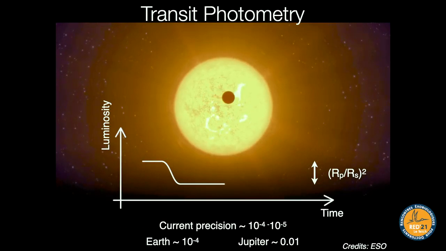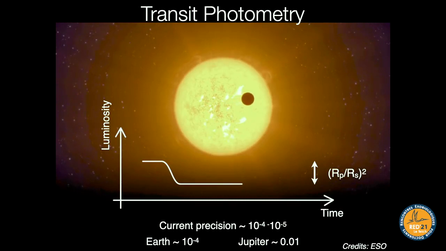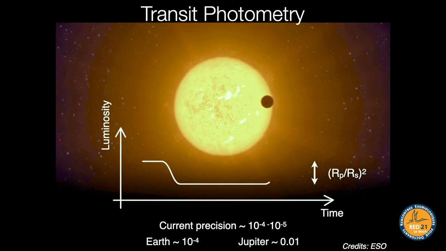And what is interesting is that this drop in luminosity will inform us on something else. Because, as I told you, radial velocity depends on the mass of the planet and its distance. So if we get the radial velocity, we can get the mass of the planet, but we have no idea about the size of this planet.